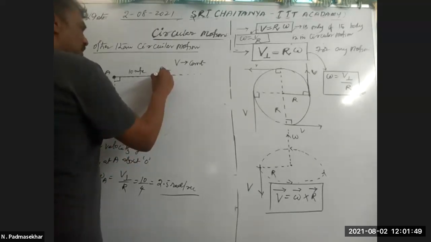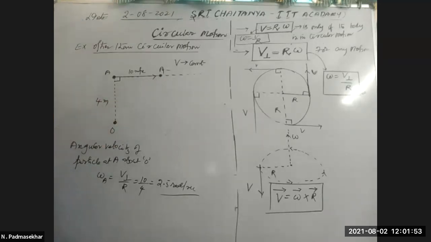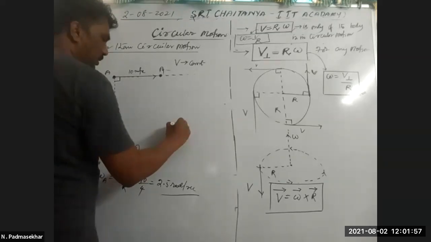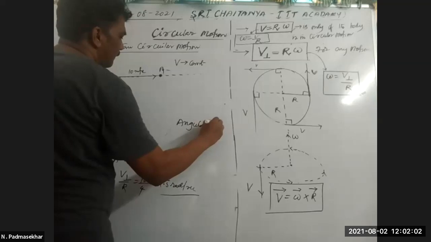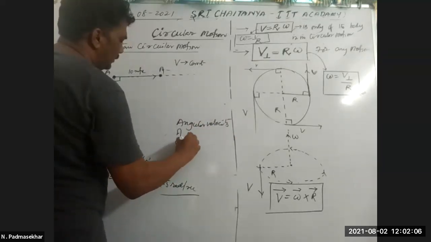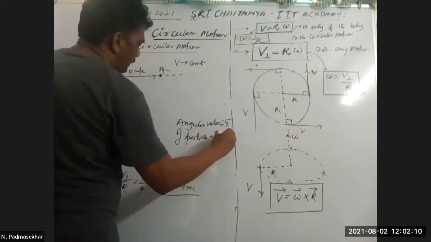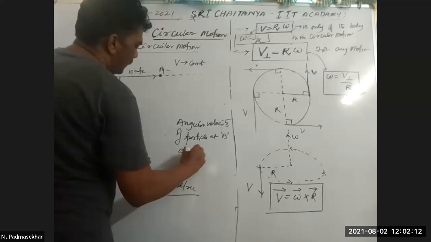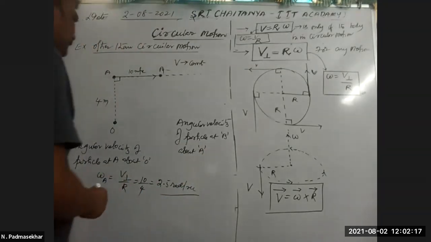I want to find out what is the angular velocity of the particle at B about A. So here, angular velocity of particle at B about A.